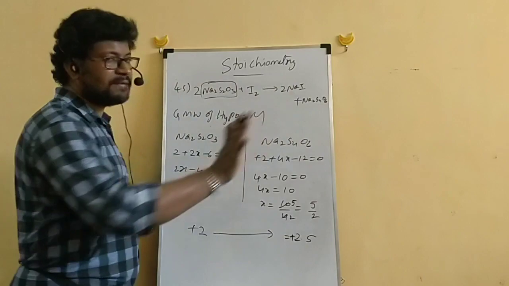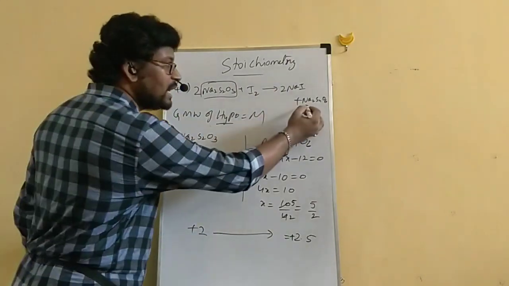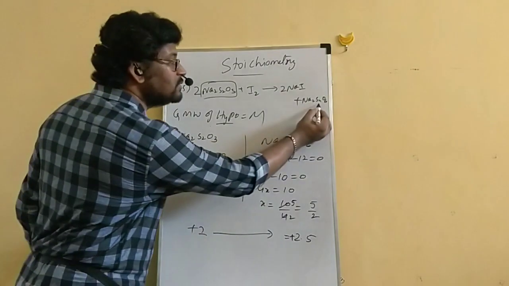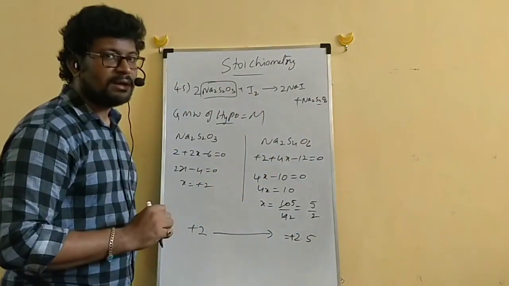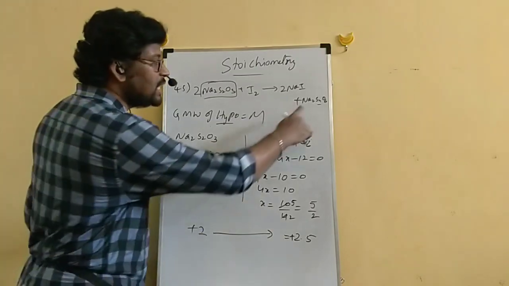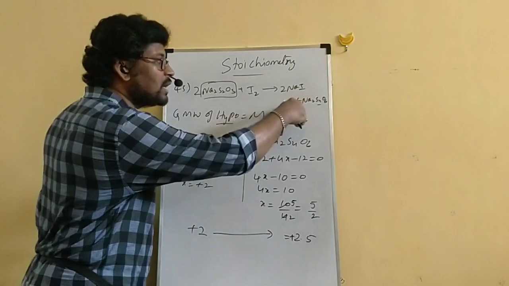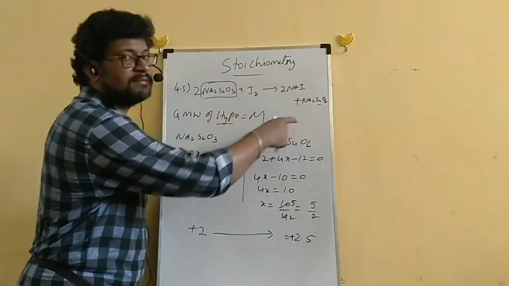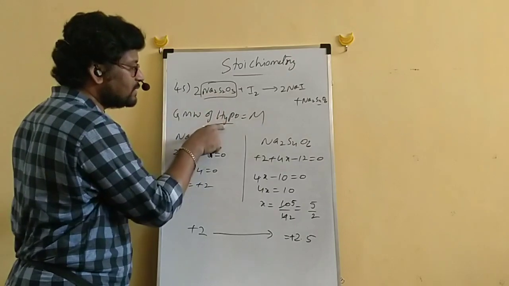Actually, it is the stoichiometric equation, okay. They asked for hypo. If they ask for Na2S4O6, we have to see how many sulfur atoms: 4 sulfur atoms, because one molecule contains 4 sulfur atoms. Like that here, one molecule of hypo contains 2 sulfur atoms.